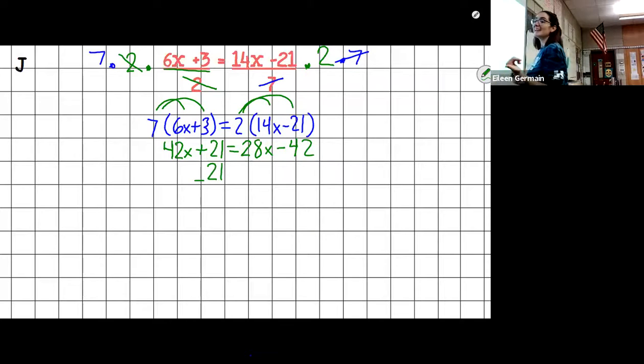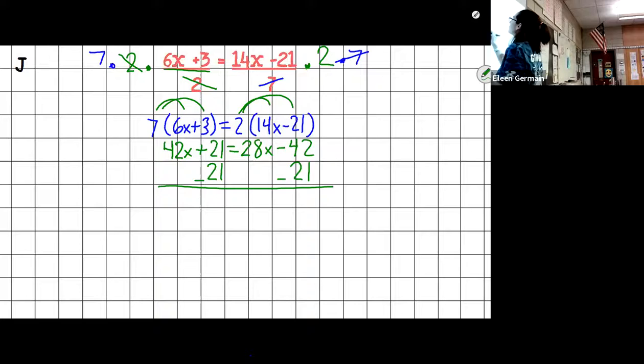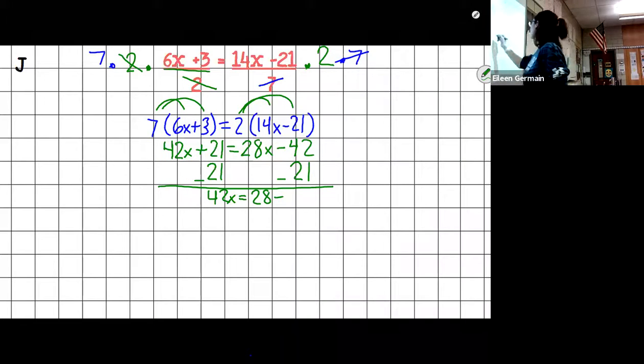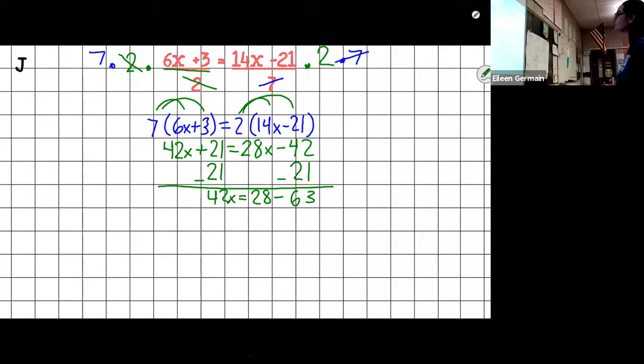And remember, we can move our constants first. That is legal. Very good, and we would be left with our 42x on the left side is equal to 28 minus 63. Very good.